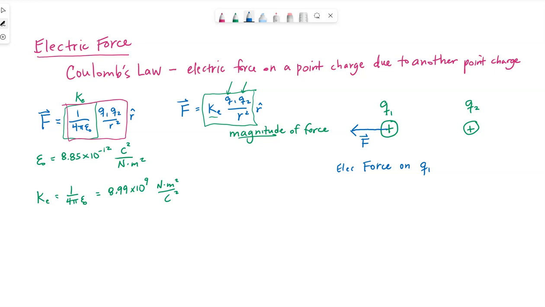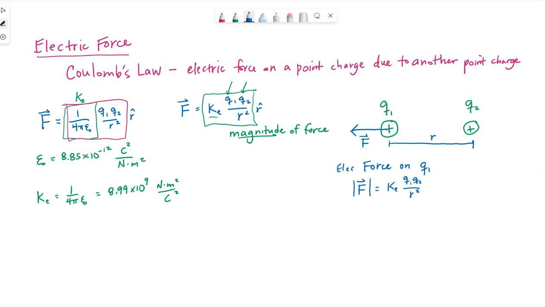So Q1 would experience this force pointing to the left because that is the direction that is directly away from Q2. How big this force is, so the magnitude, just the absolute value, is going to be this constant. It's going to be the value of the two charges, Q1 and Q2. And then in the denominator, R represents this distance from center to center.